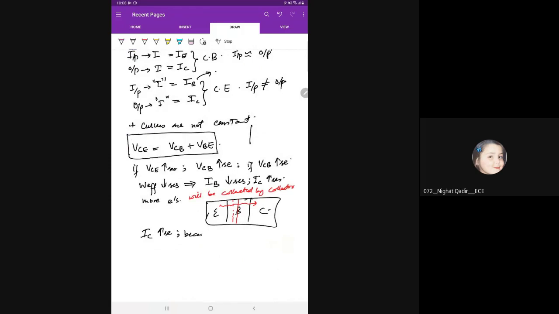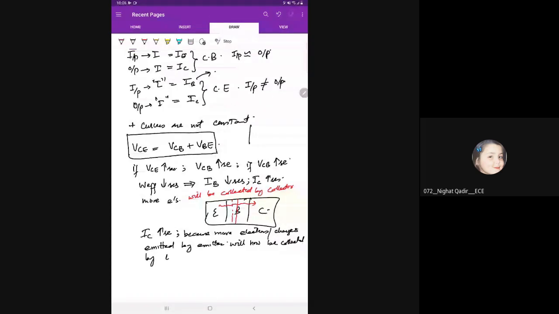Because more electrons or charge carriers emitted by emitter will now be collected by the collector.